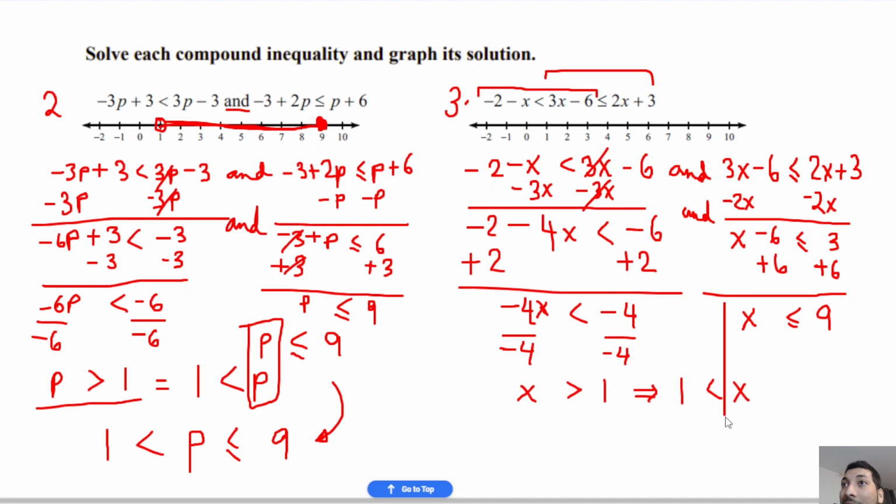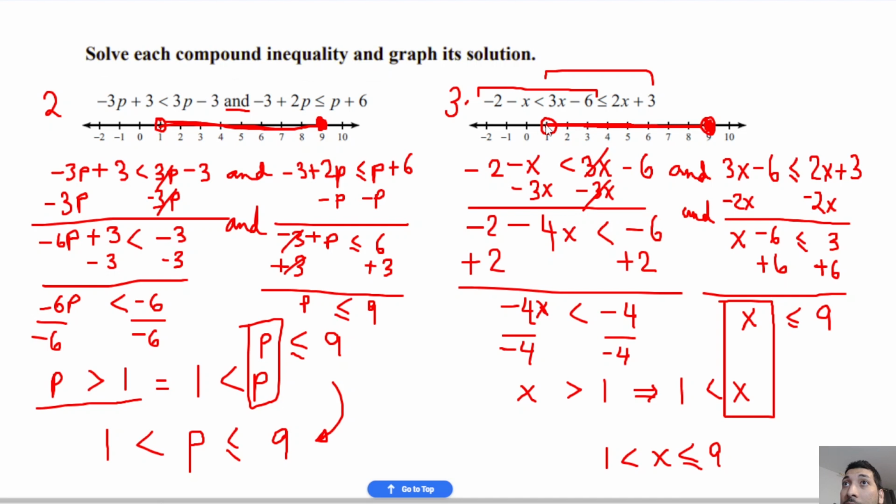And we have this x less than or equal to 9. So you can rewrite this as 1 less than x less than or equal to 9. So here we have this 1 and here we have this 9, and this 9 will be closed because we have this equal sign underneath the inequality sign.